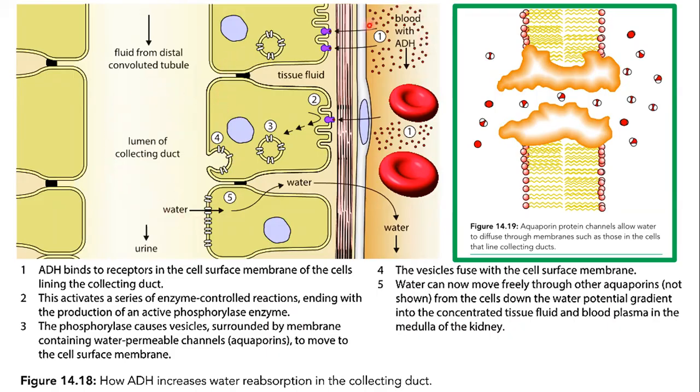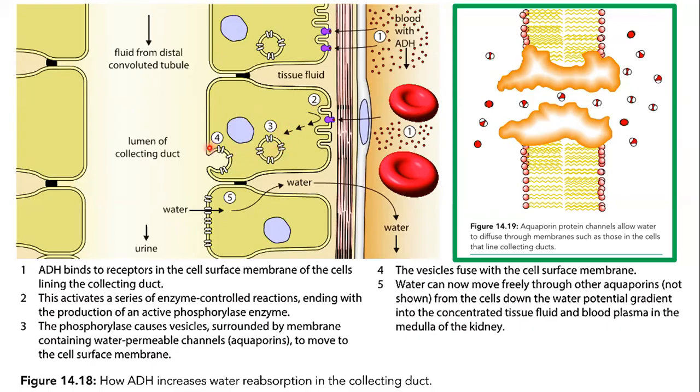Again, same story here. We have ADH released by the posterior pituitary gland and circulated in the blood. It will bind onto very specific receptors on the cell surface membrane of the collecting duct. That triggers a series of enzyme reactions, which causes the aquaporin to be activated and move.